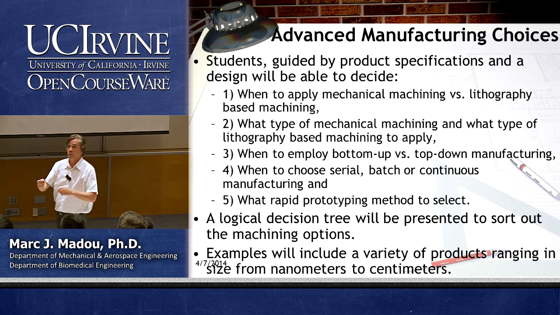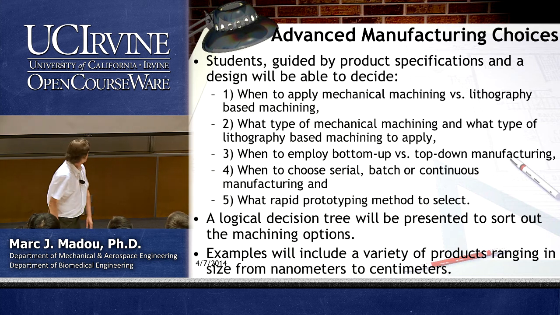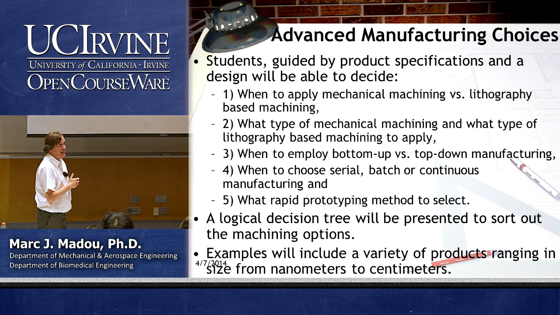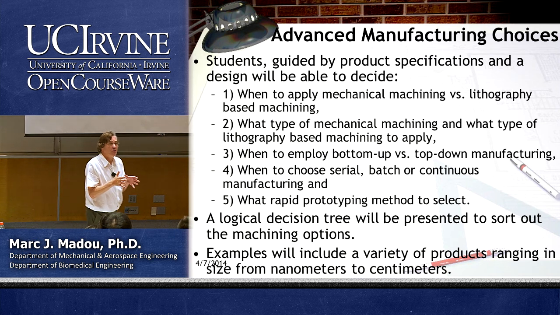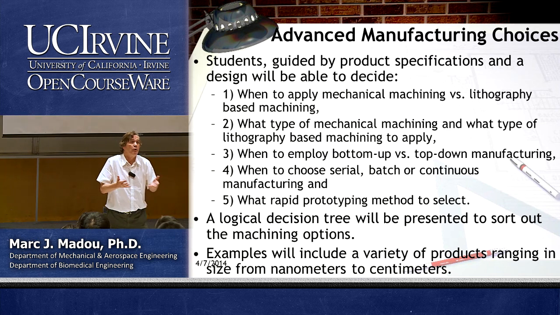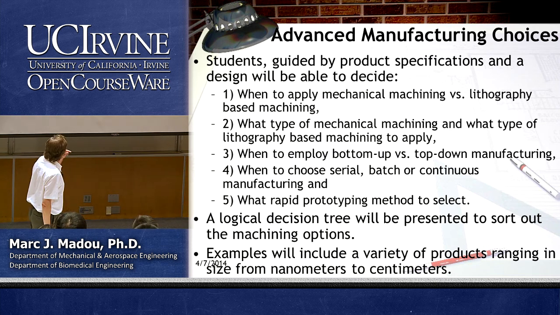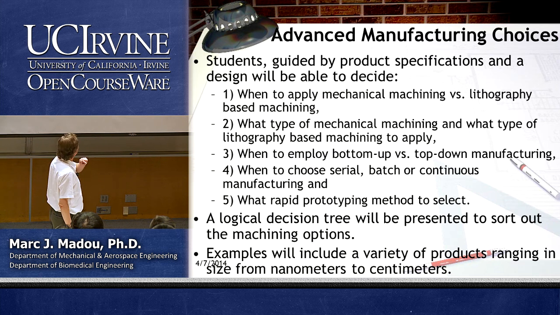Lithography might be an option. We'll see there's quite a few other options. Then, what type of mechanical machining will you decide upon? Because within the mechanical machining group, we'll see, I'm only going to give 3 or 4 examples, there's many more. But so you're going to be able to say, I'm going to use that kind of mechanical machining.